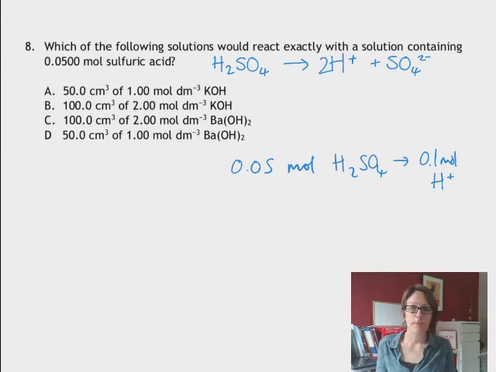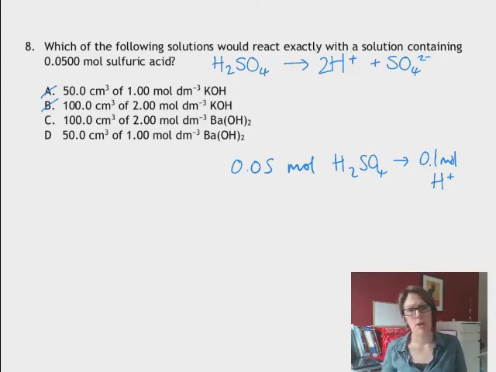Having done that, I now know that I need basically 0.1 moles of OH minus. So just looking through the answers, I can cross off A and B, and that's just because 50 times 1 isn't going to get me anything that looks like 0.1, and neither is 100 times 2. So I'm left with C and D.